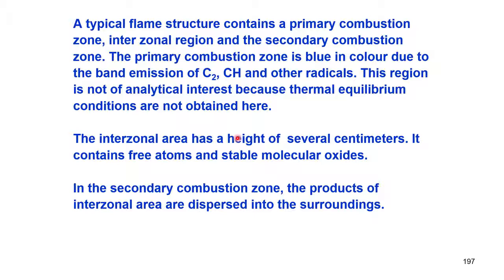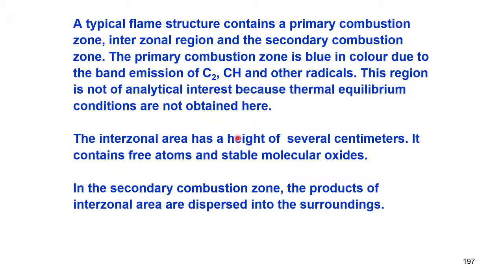So, whenever you use acetylene gas, you will come across these radicals in the flame, that is C2, CH and others. This region is not of analytical interest because thermal equilibrium conditions are not obtained here. What does it mean? The flame is not steady, and it does not have high temperature in this blue region.